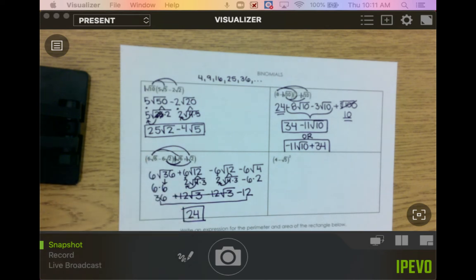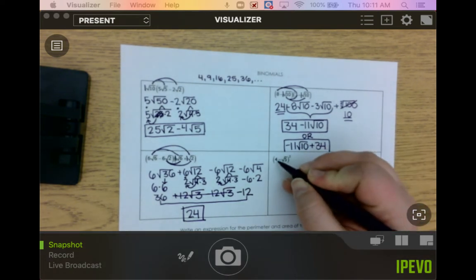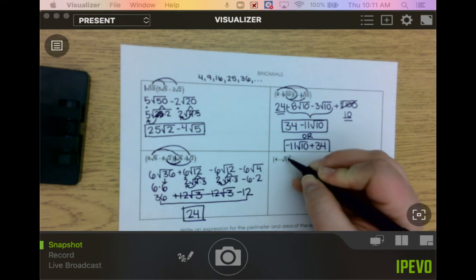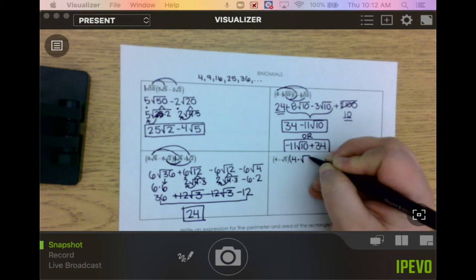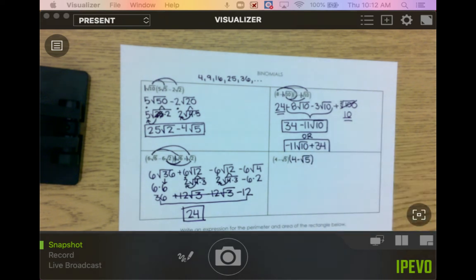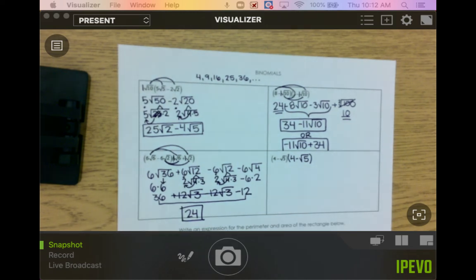All right, on the fourth one, make sure that whenever you see a binomial, meaning it has two terms, squared, you have to write it like this. So you're just basically expanding it. Notice how I kind of crossed through the 2 as I did that.